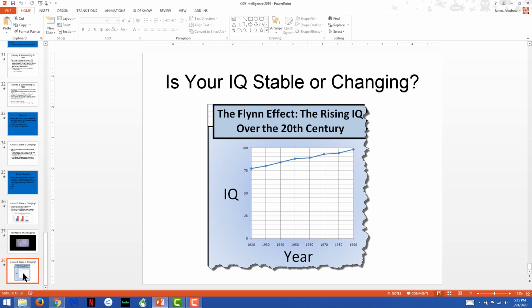And the way this Flynn effect actually works is if you take an IQ test from today and you look at the core questions that are still on it from 10 or 20 years ago and eliminate all of the more recent questions and then continue to go back another decade or another 20 years prior to that and look for questions that are still on the IQ test from that time and work your way all the way back to 1920, at about the point when the Stanford-Binet was originally created.